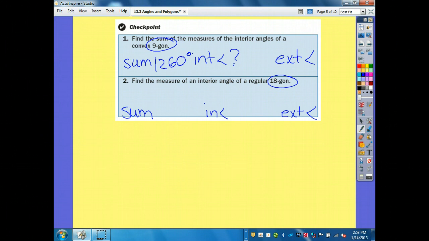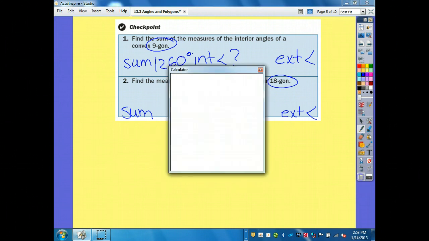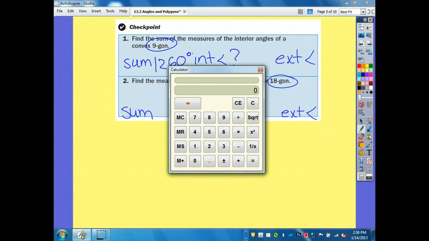How much does one angle equal? If there's 9 of them, what are you going to do? Pull up the calculator right there. What are you going to do to find the measure of one interior angle?